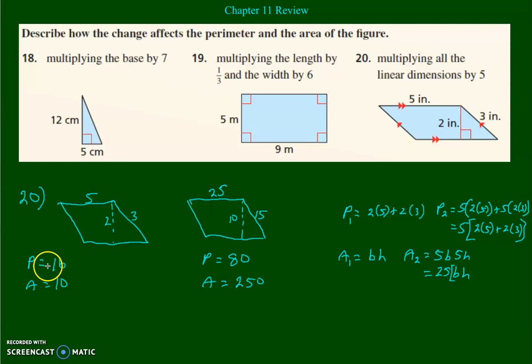So the perimeter changed by a factor of 5. The area changed by a factor of 25. So we write perimeter increases by a factor of 5. Area increases by a factor of 25.